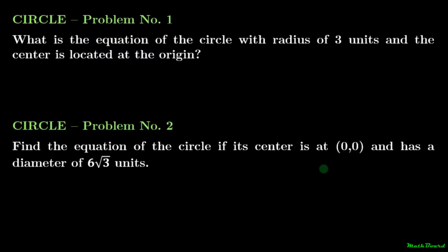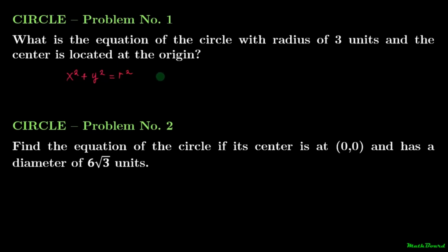Let's solve the first problem about circle. What is the equation of the circle with radius of 3 units and the center is located at the origin? Take note that when the center is located at the origin, the standard equation follows x squared plus y squared equals r squared.